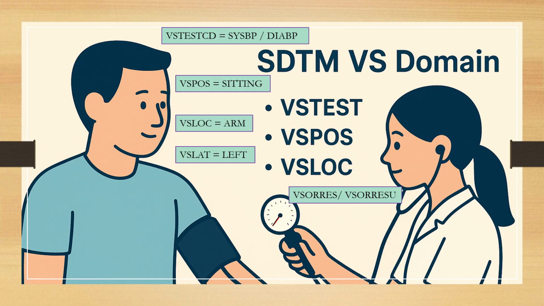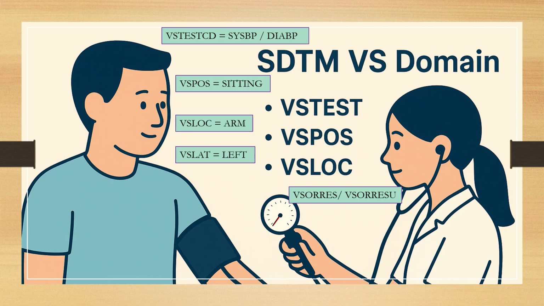If these standard units are not used for these measurements, and the measurements are done in conventional units, then the captured result will still go in the VSORRES and VSORRESU variables, where the VSORRESU will capture the conventional unit, but we will have to convert these result values to the standard values.